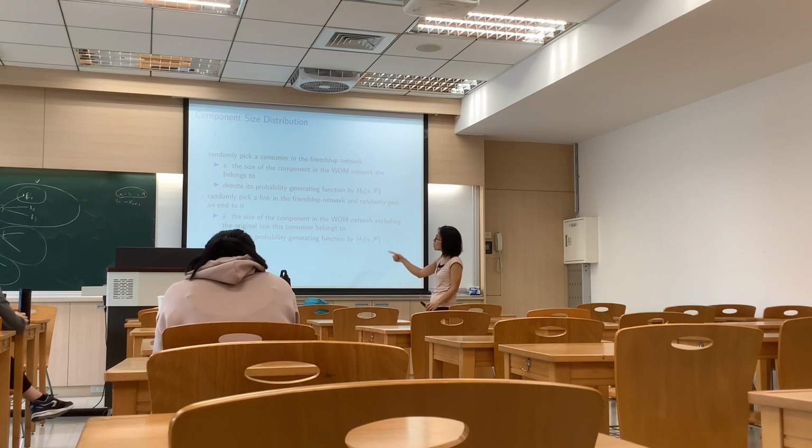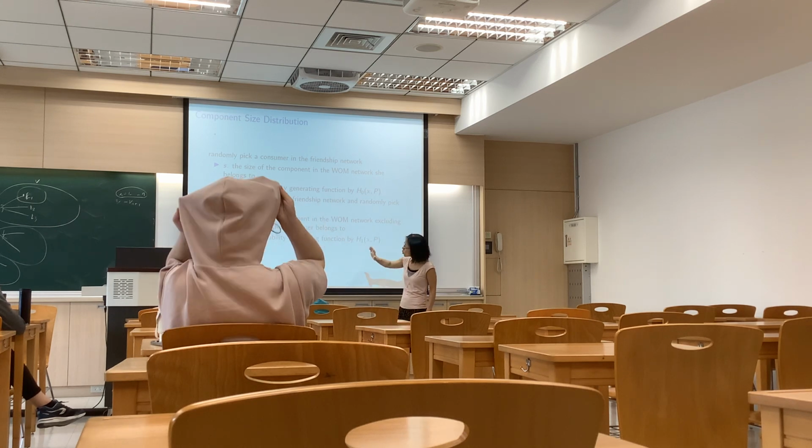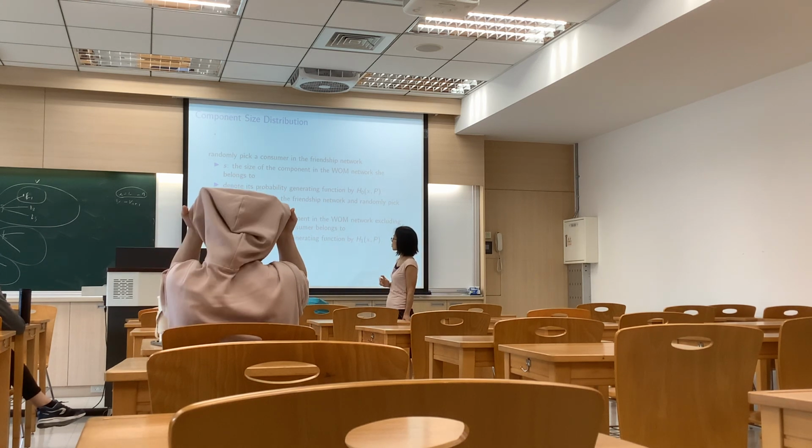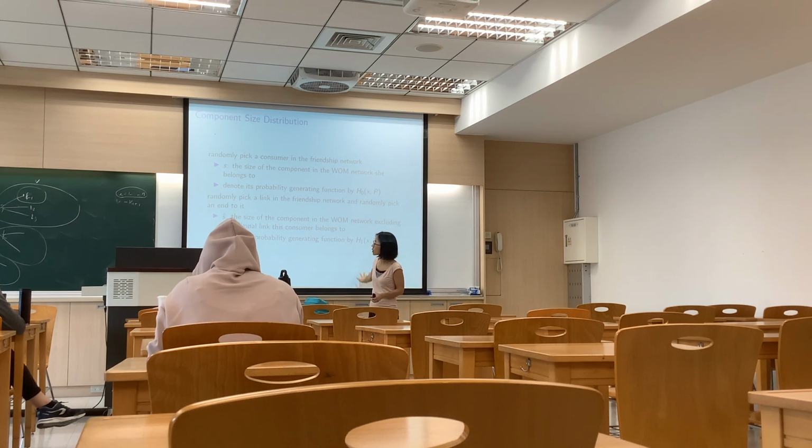We find J by randomly following a link in the friendship network. And S delta is the size of a component in the word of mouth network, excluding the original link, this consumer belongs to. Then we denote this probability generating function by H1.